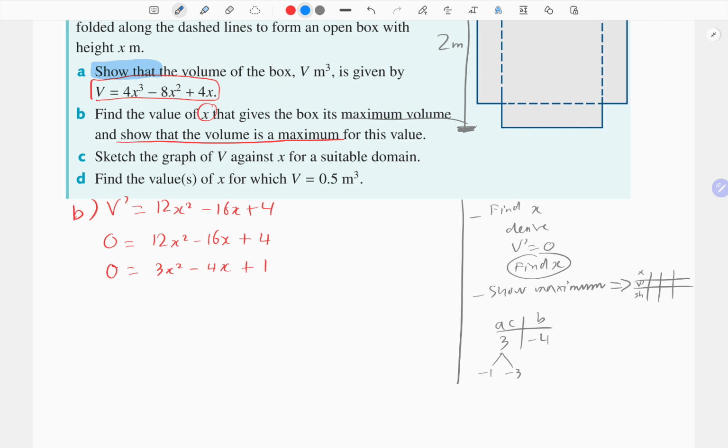Factors of 3 are 1 and 3, but they have to add up to negative 4, so that'll be negative 1 and negative 3. Then you do your little bracket. Not yet. Why can't we do it in this question? Because you have to solve for x. What type of equation is this? A quadratic. Specifically, what type of quadratic?